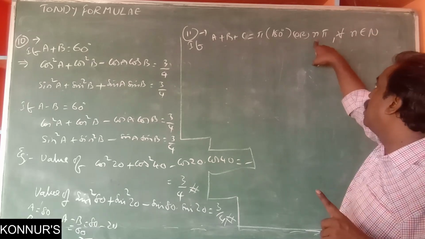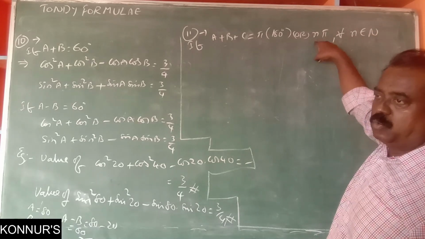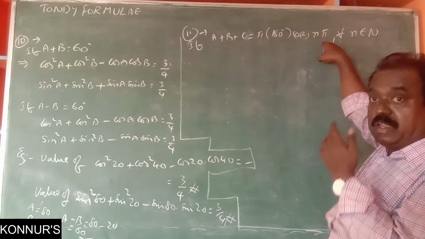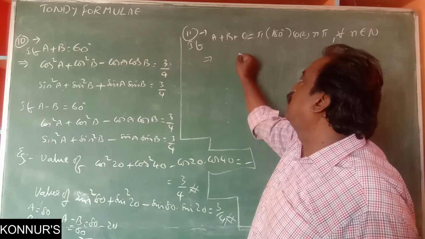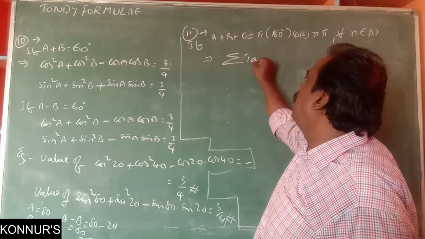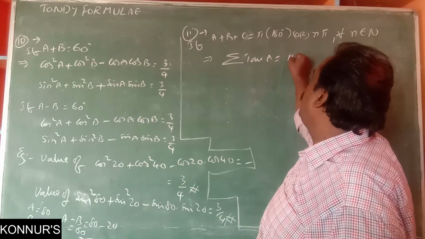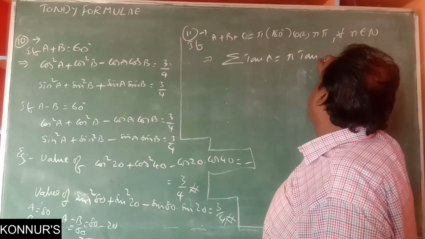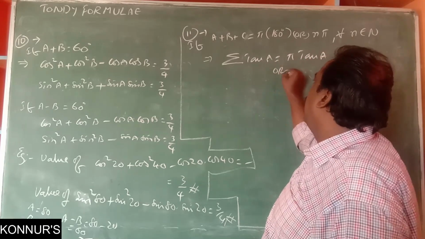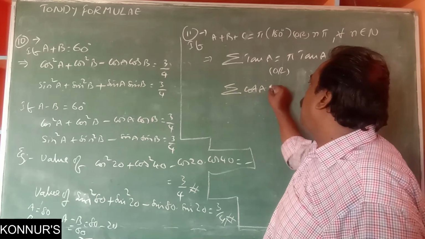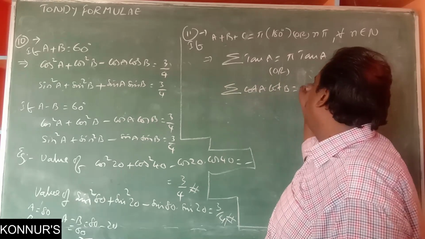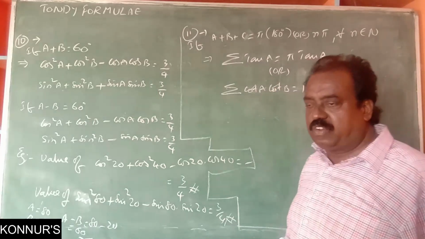It may be 1 pi, 2 pi, 3 pi, like that. Then the condition is sigma tan A is equal to pi tan A, or sigma cot A cot B is equal to 1. Try to understand it.